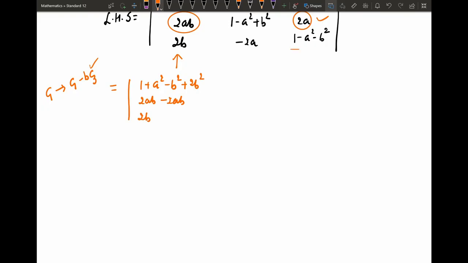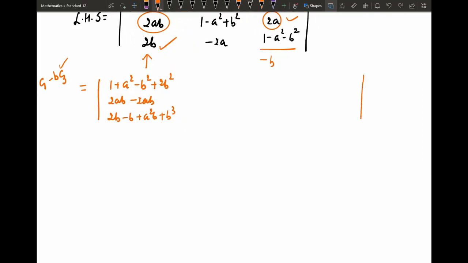When we multiply this by minus b and add in the corresponding entries of first column, so minus b, minus minus plus a square b plus b cube. So we have performed c1 to c1 minus b c3.